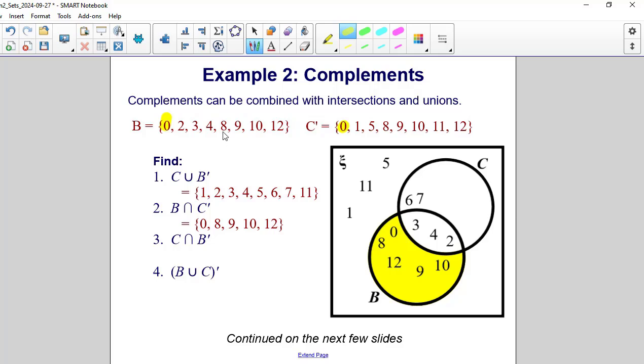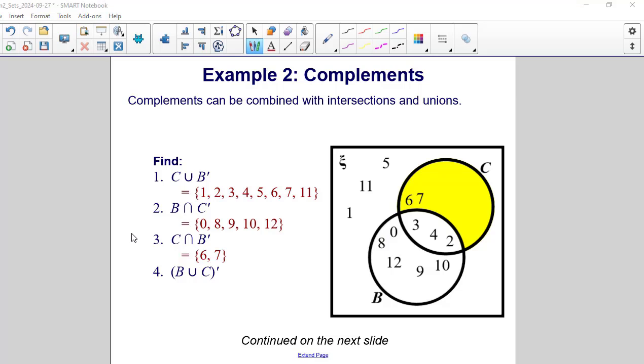We also see that 8 is in both sets. So I'm going to highlight those. 9 is in both, as well as 10 and the number 12. So the highlighted numbers up here will show up down here in the answer for number 2. So the intersection of set B and the complement of set C are the numbers 0, 8, 9, 10, and 12.